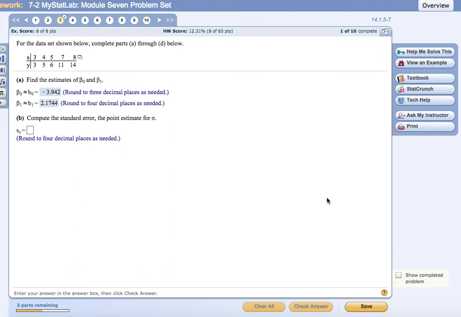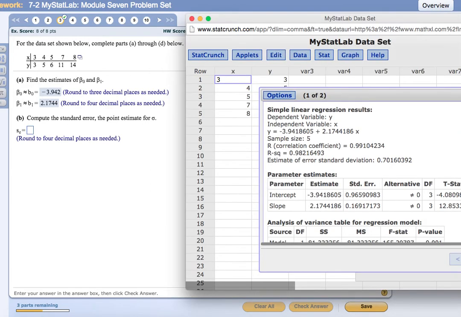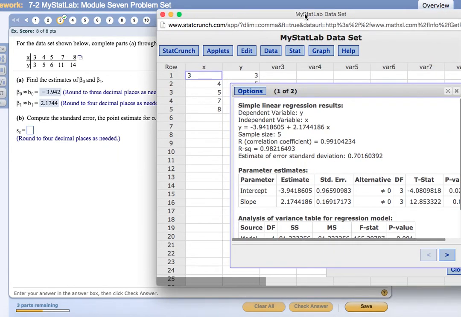Okay, that looks good. Now the next thing they're looking for is the standard error, the point estimate for sigma. And sigma is the standard deviation, so that would be this number right here, the standard error, 0.7016.